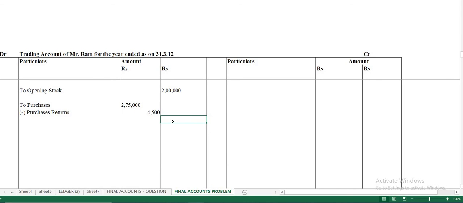So 4,500 you just deduct and find out how much you are getting. Okay, so 2,75,000. In that, if you subtract 4,500, I am getting 2,70,500. So this is my amount. Okay, so just draw a line here.